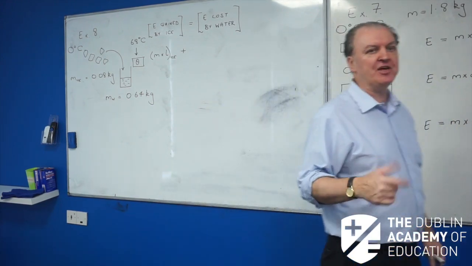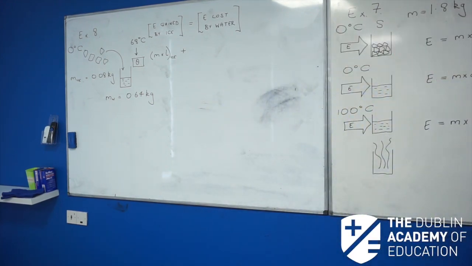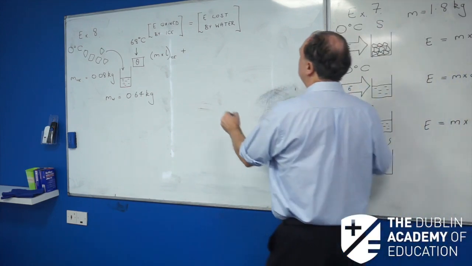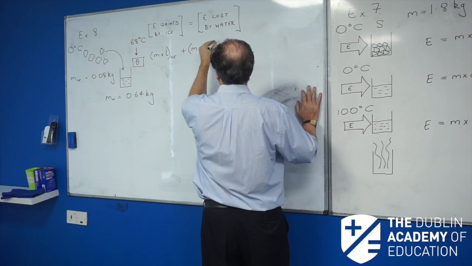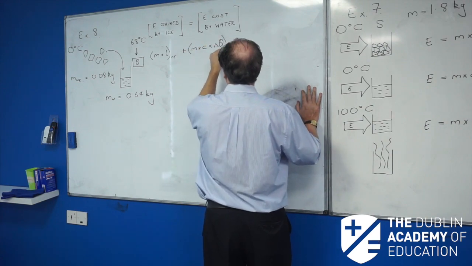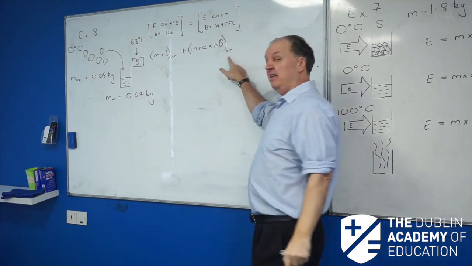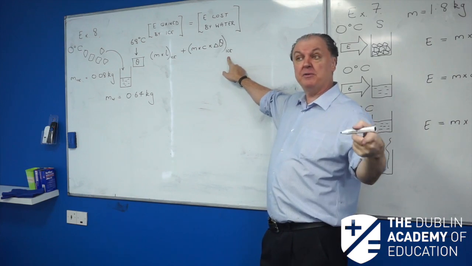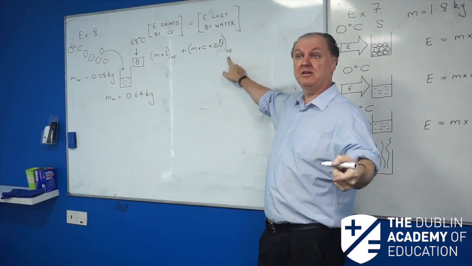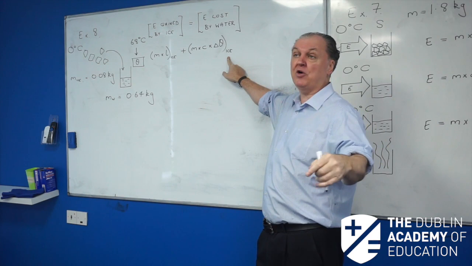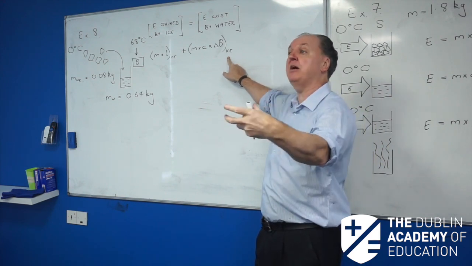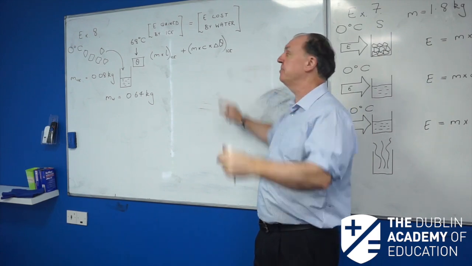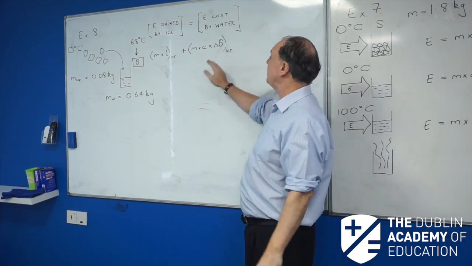Because I'm changing the temperature of water, I'm going to be using mc delta theta. That's for the ice, even though it's no longer ice, if you know what I mean. It's really melted ice. It's now cold water. I'm talking about changing the cold water at 0 degrees that came from the ice up to the final temperature. So that's the energy gained by the ice.